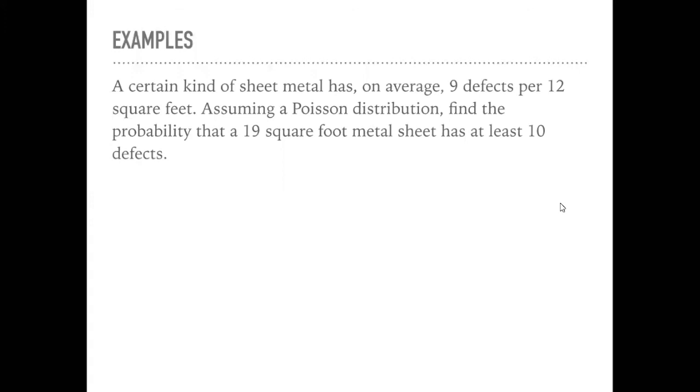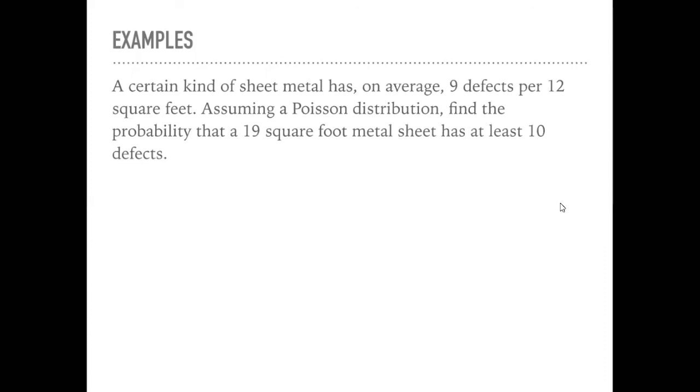So here we have to figure out on average, how many defects do we have? Like how many defects are there per square foot, and then how many square feet are we looking at? So basically we're saying how many do we expect to see in the sheet size that we are looking at.